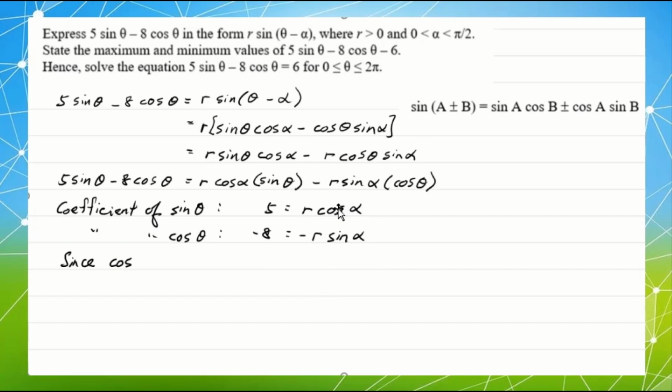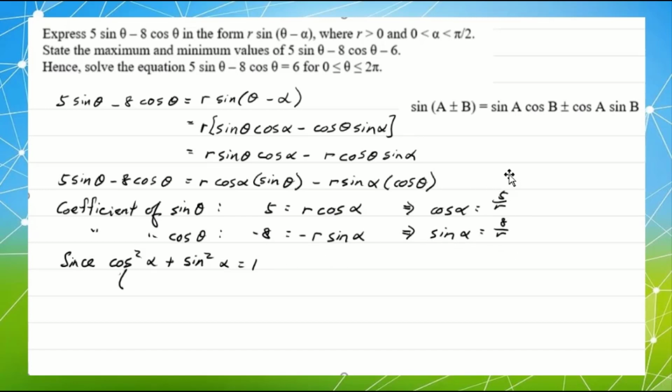Now we try to cancel off cos alpha and sine alpha by using the formula cos squared alpha plus sine squared alpha equals 1. And we know that from the first equation, cos alpha is equal to 5 over r, and sine alpha is equal to 8 over r.